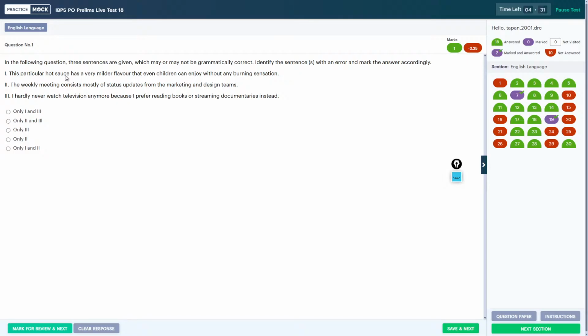This particular hot sauce has a very mild flavor. So one has an error, either two or three.